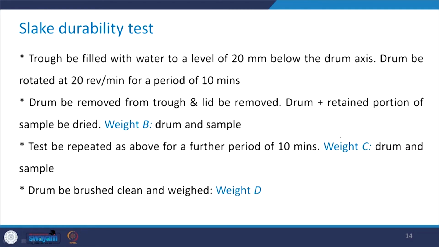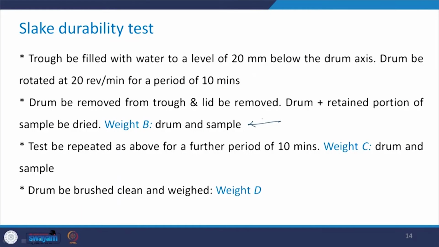Those 10 rock lumps which are there as a part of the sample will hit each other during this motion, and because of this action, whatever disintegration is taking place, those particles will get deposited in the water.